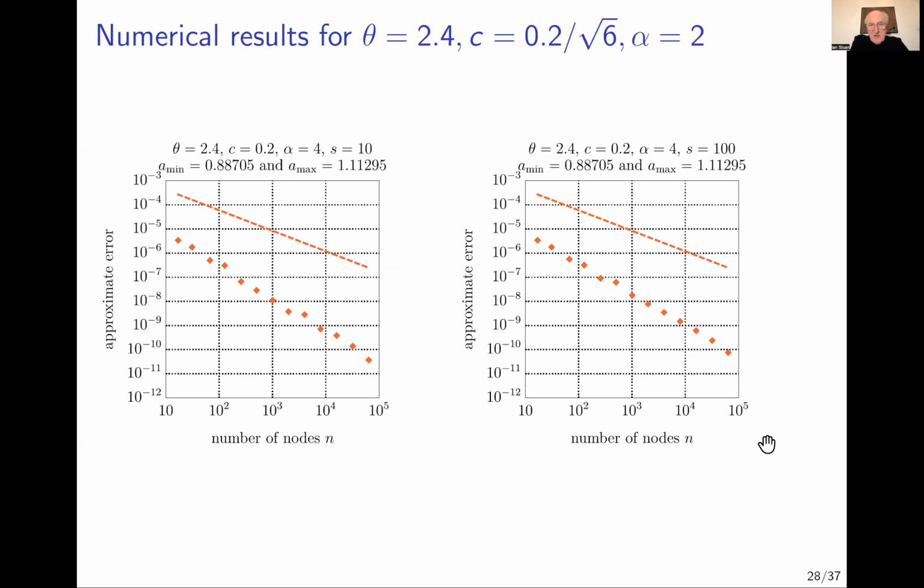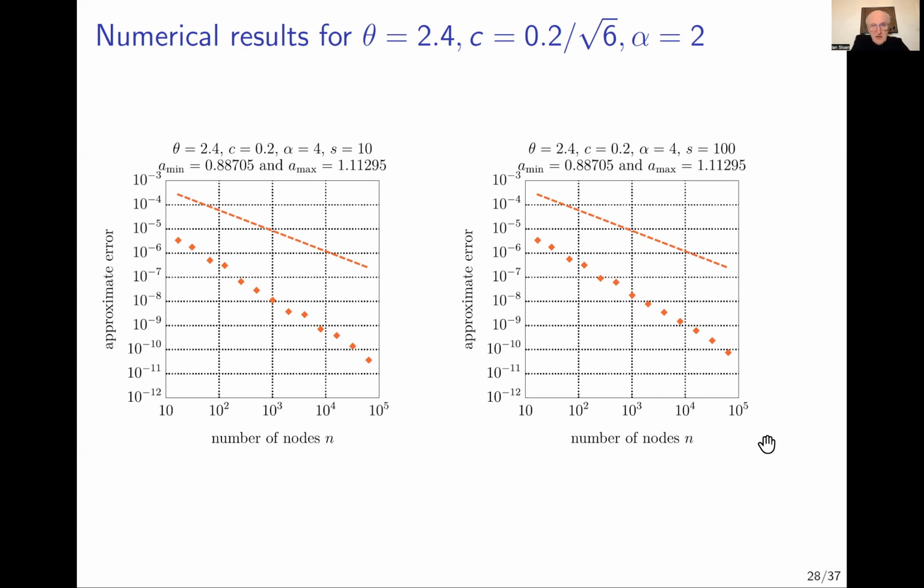the parameters are, I consider this sort of a middling case. Theta is 2.4, it's bigger than 1. We get convergence like j to the minus 2.4. A small constant, small c, and alpha is 4. Alpha is 4, 4 is the smoothness. And so it works pretty well.